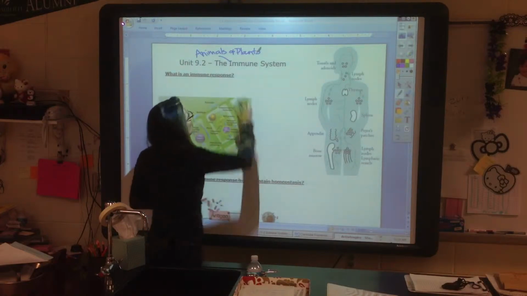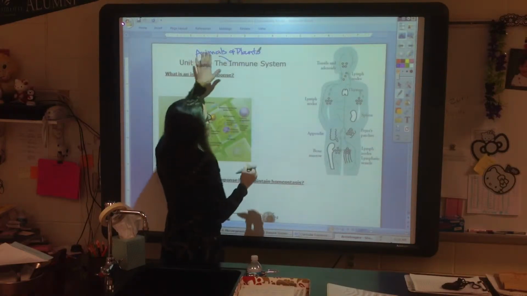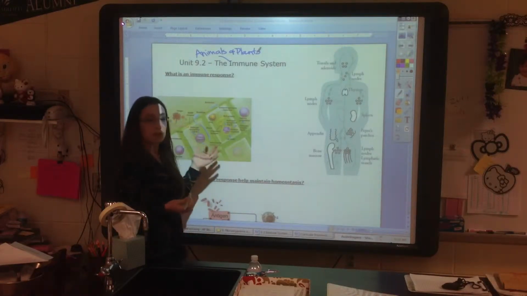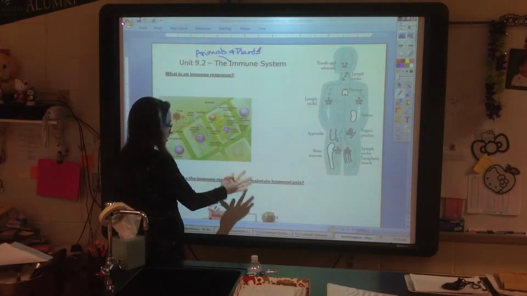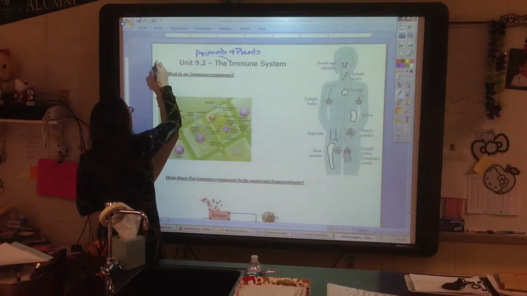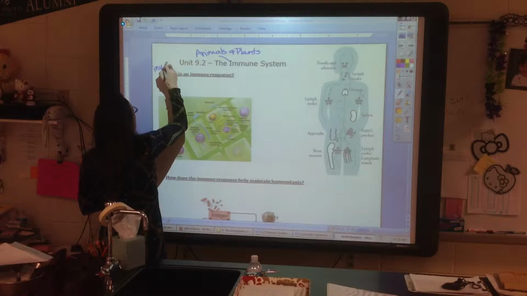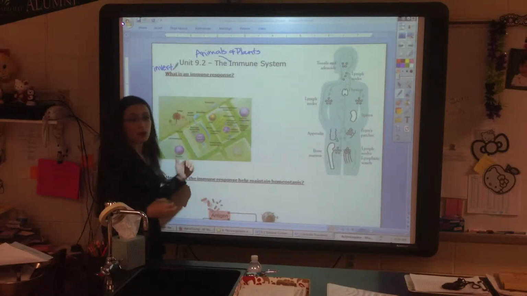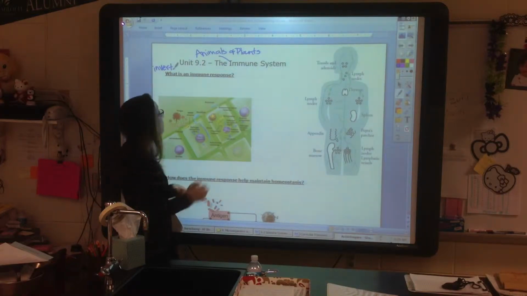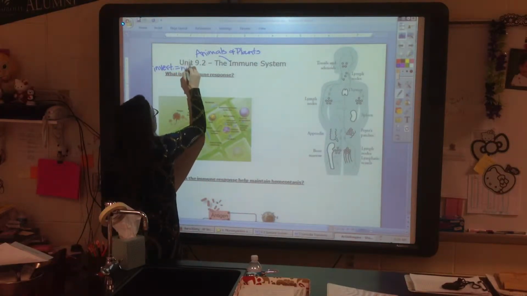When we look at animals, we have vertebrates and invertebrates, and your invertebrates are going to have mostly your non-specific immune system. So when we look at invertebrates, these are things like worms, insects, anything without an internal backbone, they're going to be all non-specific.